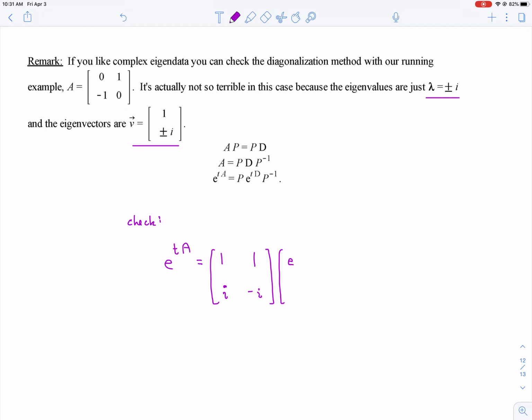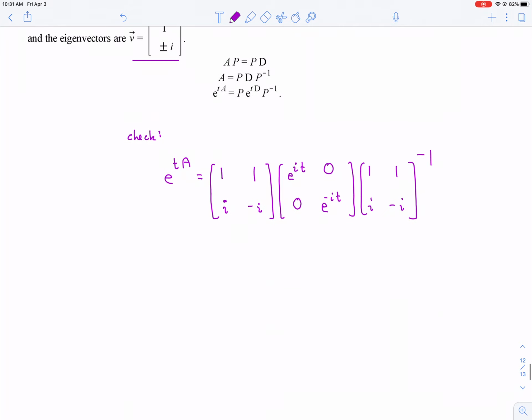The first lambda is plus i, the second eigenvalue is minus i. So these are the e to the lambda i t's. And then the inverse of P, I won't write it down, you just use the adjugate formula. So if you want, you can do this.